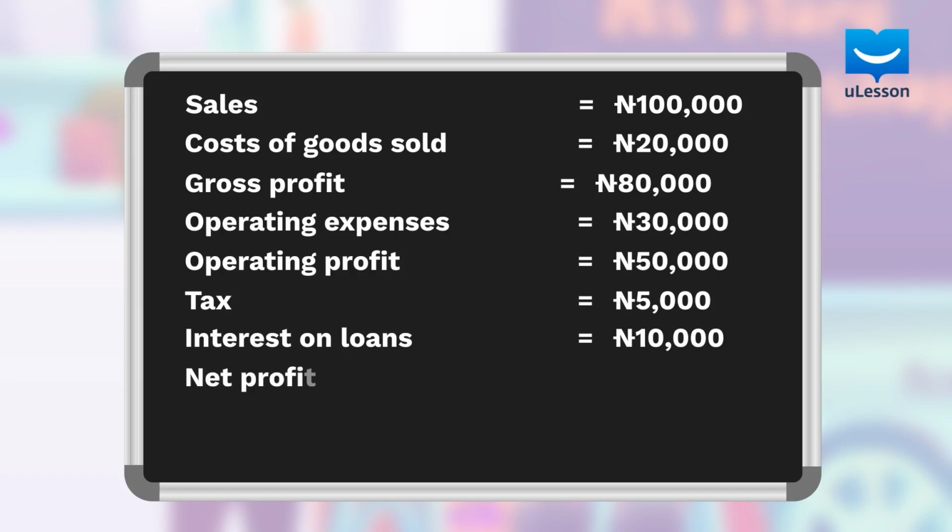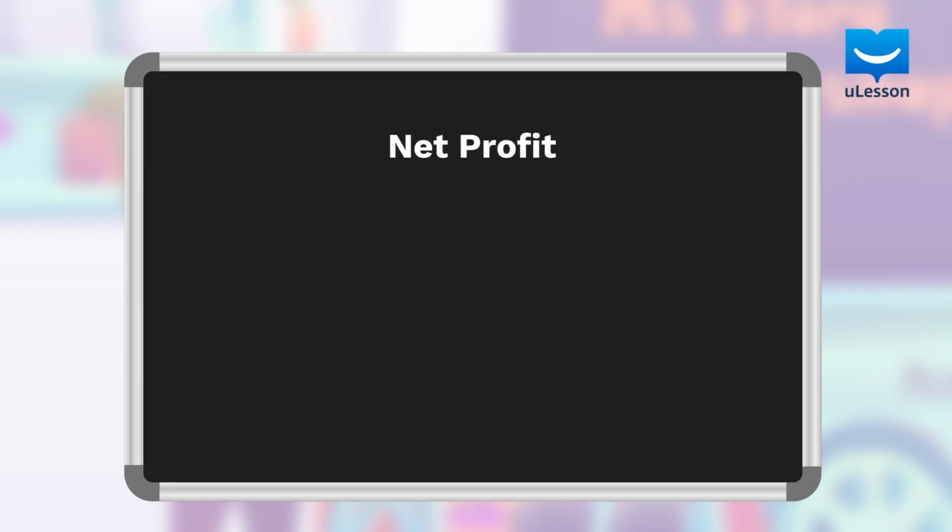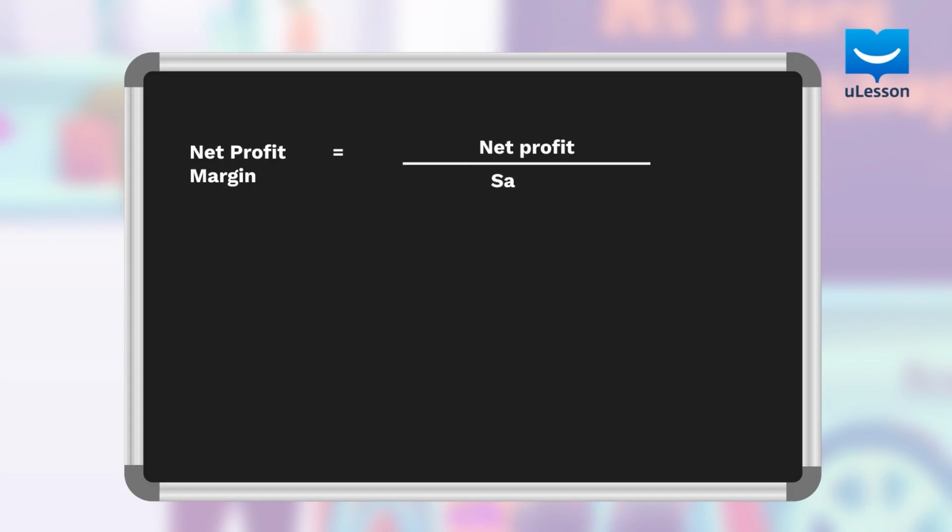The net profit is the profit gotten after the deduction of interest and tax. The formula for getting net profit would be sales minus cost of goods sold minus operating expenses minus tax and minus interest. So to get the net profit margin, this is net profit divided by the sales multiplied by 100%.